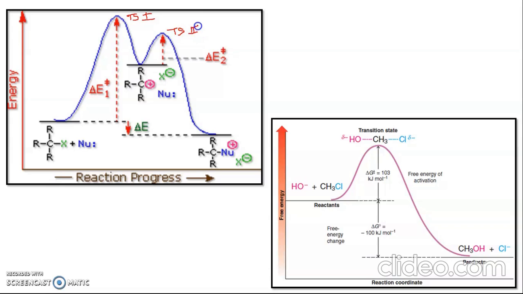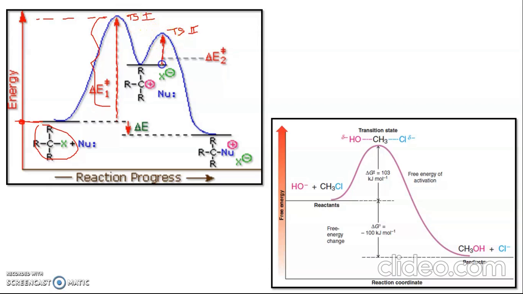For the first hump, you can see this arrow, this energy gap between the starting material, our substrate alkyl halide, and the transition state. This energy gap is known as the activation energy. This is the corresponding energy on the y-axis. This point is the energy of our starting material, and if you draw a line here, this is the energy of transition state 1.